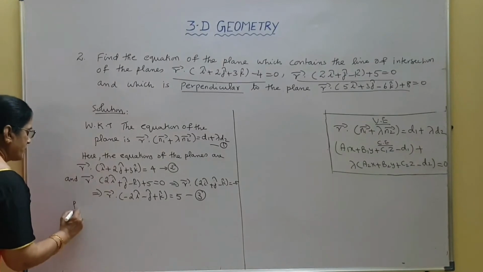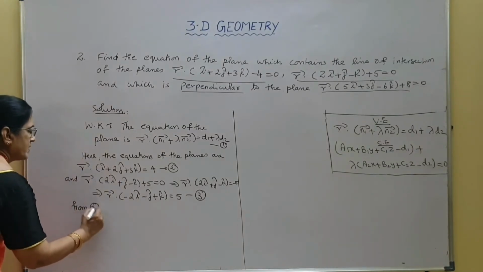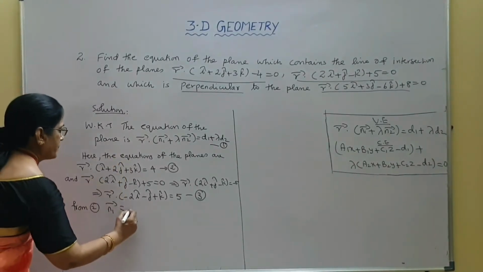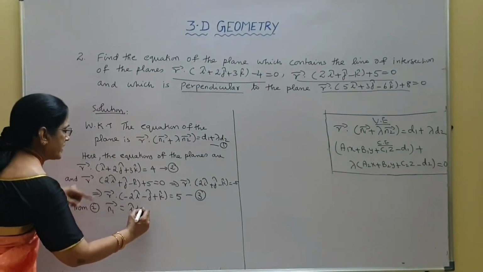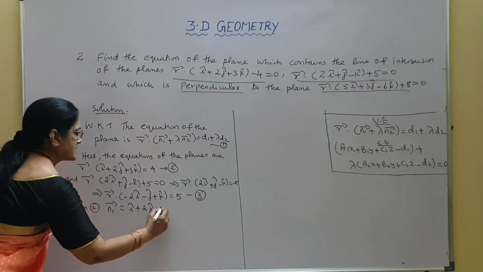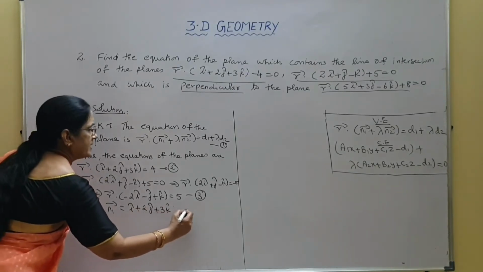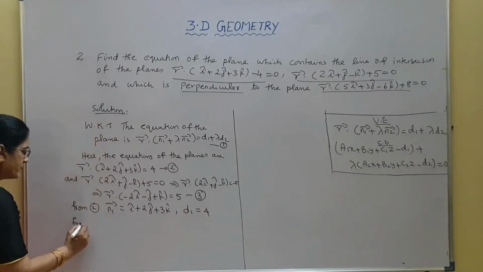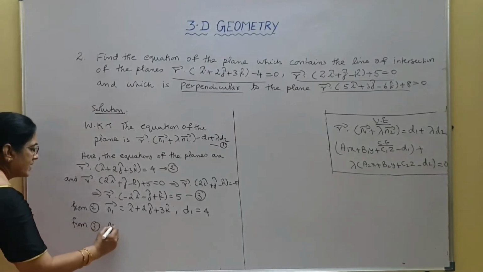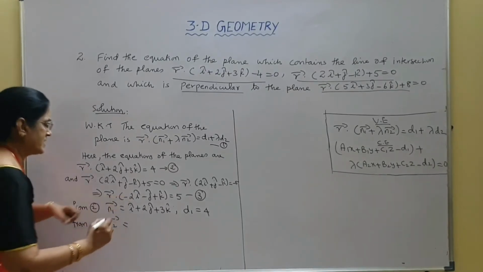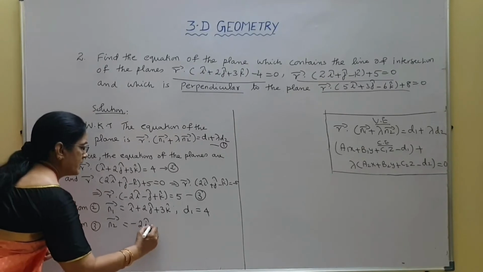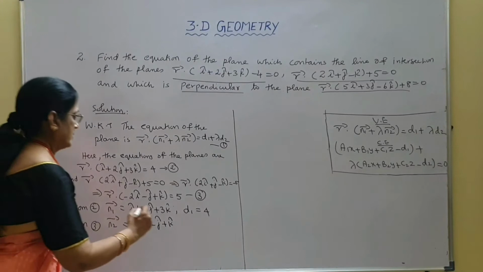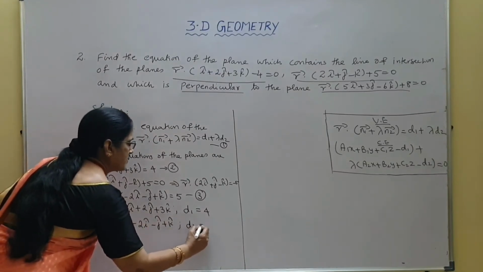Here, from 2, n1 vector is nothing but i cap plus 2j cap plus 3k cap, and d1 is nothing but 4. From 3, n2 vector is nothing but minus 2i cap minus j cap plus k cap, and d2 is nothing but 5.